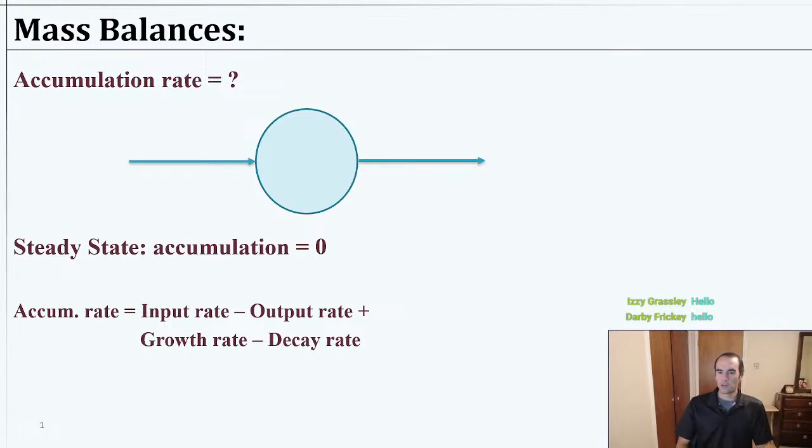All right, so we left off just right about here. We were talking about mass balances in terms of how much stuff is accumulating in a system. We're going to draw a system with something we might call a control boundary, where we have some control over what's going in or out. So control volume or a control boundary here. What we want to know is something about the rates at which things are going in, out, or accumulating.